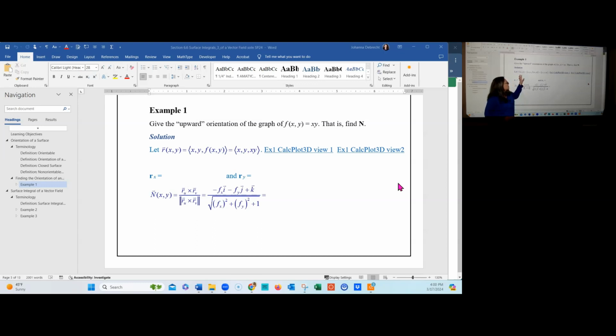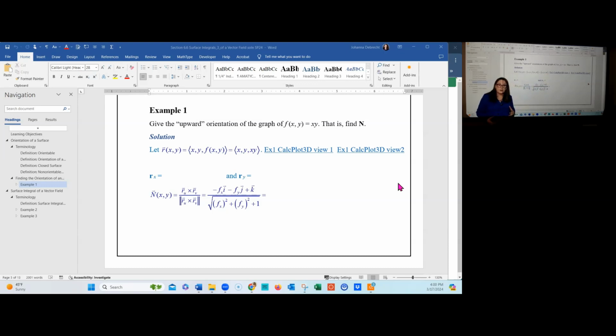In order to do this, we're going to start with a normal parameterization. xy doesn't appear to have anything that would lend itself towards either cylindrical or spherical coordinates. So I'm going to stick with the parameterization that x remains x, y remains y, and the third component is written in terms of x and y. So z equals x times y.